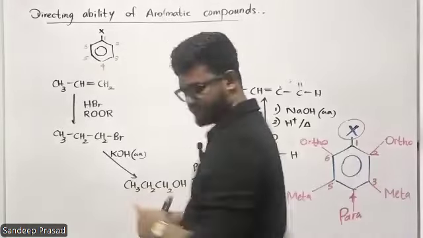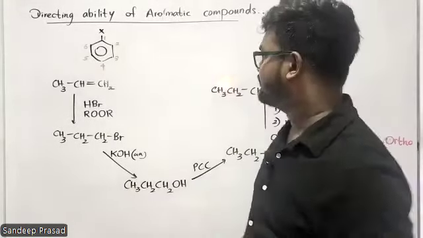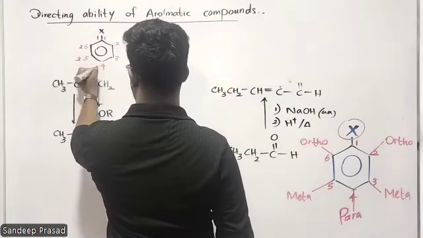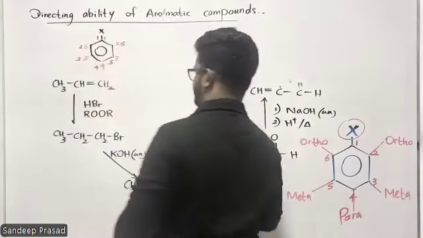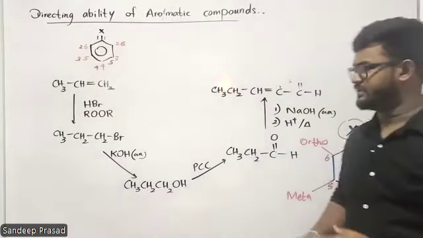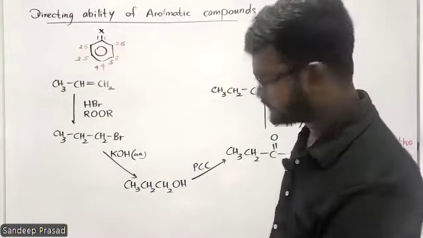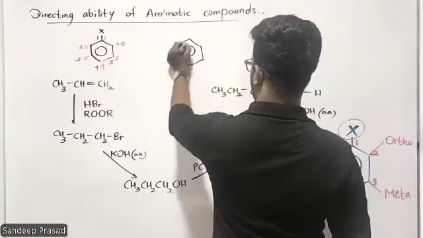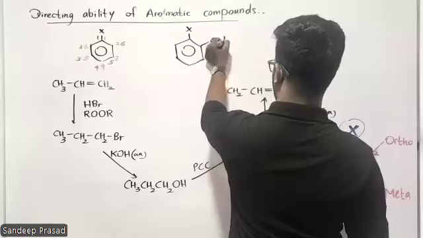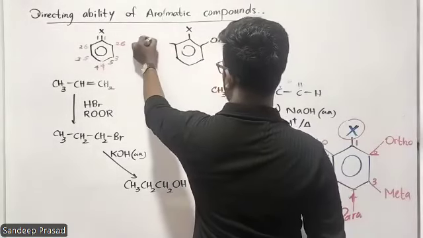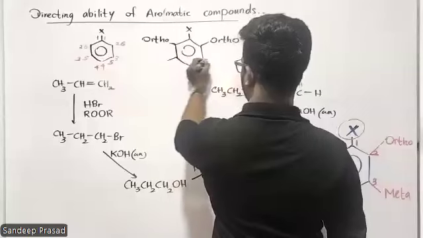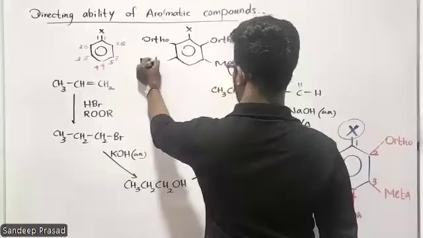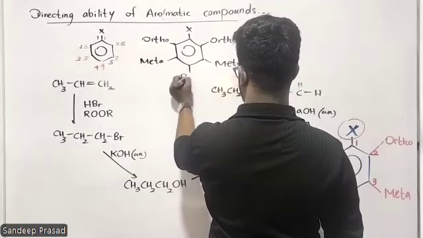Or else you can go counterclockwise as well. Whatever the method, it doesn't matter. So 2 and 6 are ortho, 3 and 5 positions are meta, and 4 is para position.